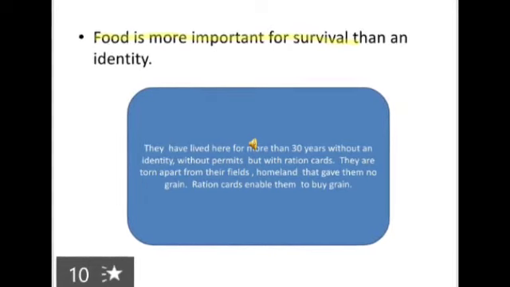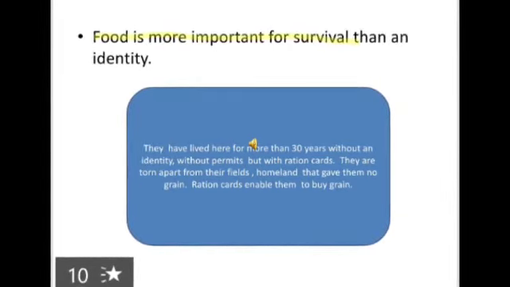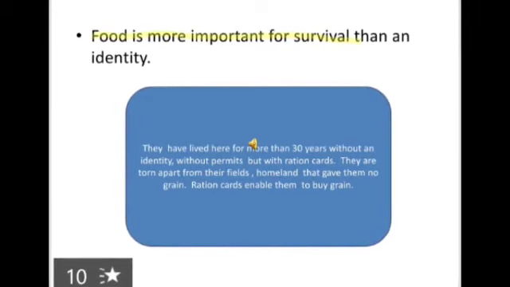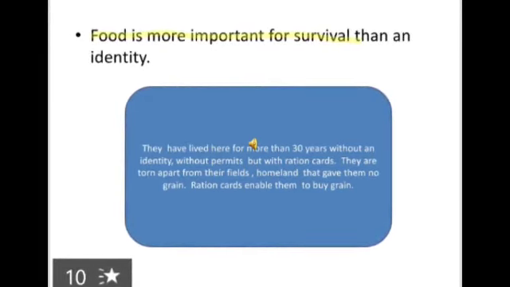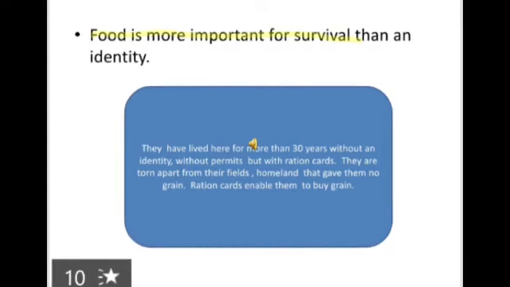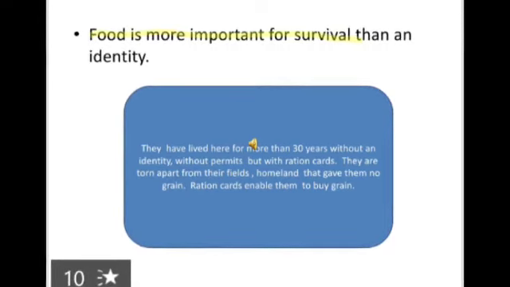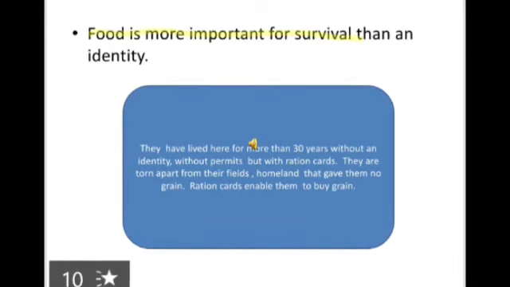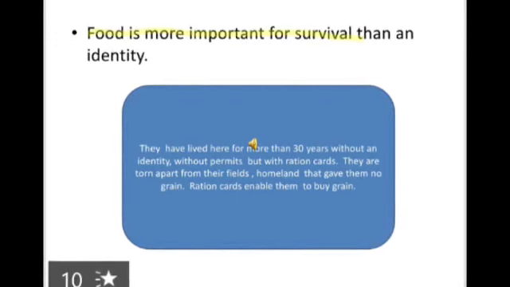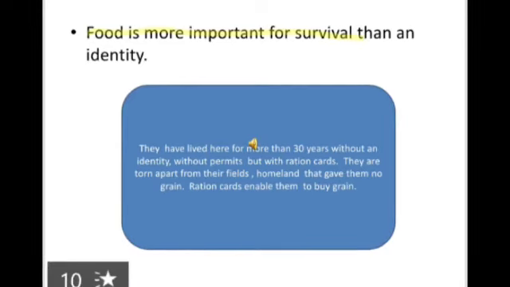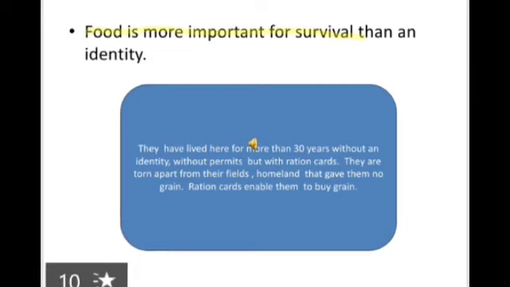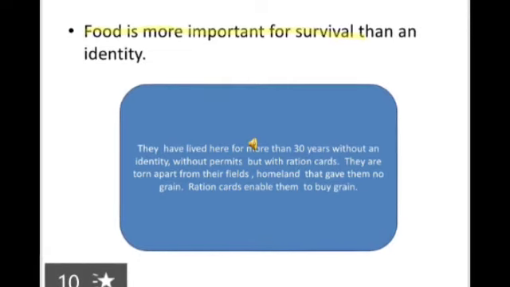That is to say, they have ration cards which provide them food, but they are torn apart from their homeland, from their fields. Why? Because their fields were unable to give them grain, whereas ration cards are enabling them to buy grain, but in the city, in the slums, they don't have any identity. But for them, identity is not important. What is important for survival is food.